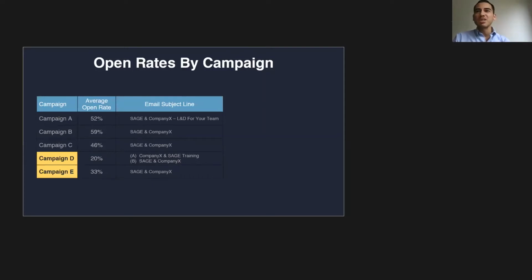We typically use a subject line which is Sage and Johnson Controls. It's really utilitarian. And we find with B2B buyers, utilitarian subject lines like that, rather than ones like, hey, open this email and great things will happen for you, tend to work better for people that are really busy.